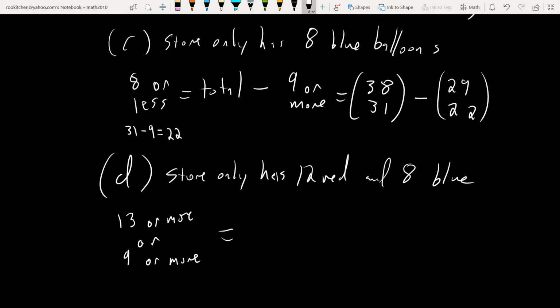And you have to think in terms of sets. So this is going to be basically the 13 or more plus the 9 or more, minus the 13 or more and the 9 or more.